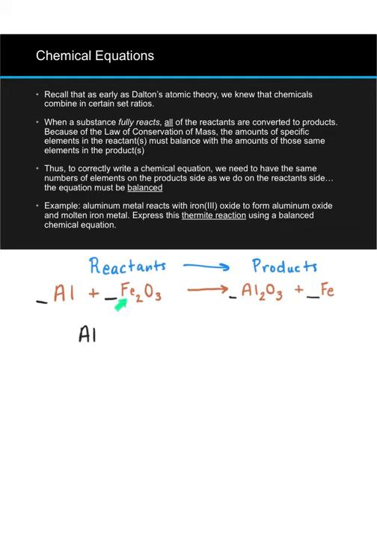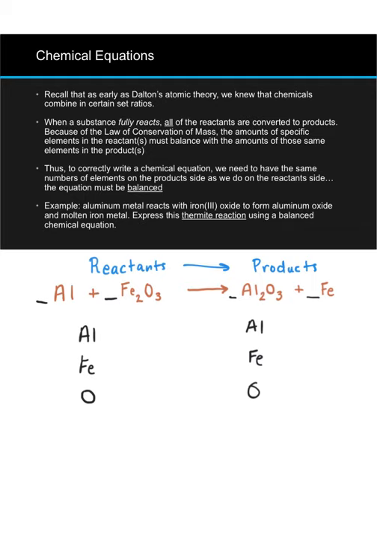Secondly, iron. And lastly, oxygen. 3 different types of elements on the reactant side. We'd better have 3 different types of elements on the product side, and they better match aluminum, iron, and oxygen. And sure enough, aluminum, iron, and oxygen are the 3 and only 3 elements that are found on the product side of this reaction arrow.